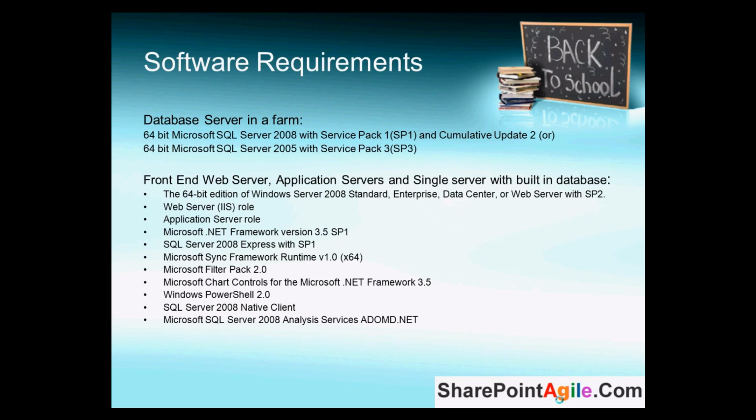If you want to set up a database server in a farm, you must have 64-bit SQL Server 2008 with Service Pack 1 and Cumulative Update 2, or you could have 64-bit SQL Server 2005 with Service Pack 3. And also find the requirements for front-end web server and application server listed in the slide.